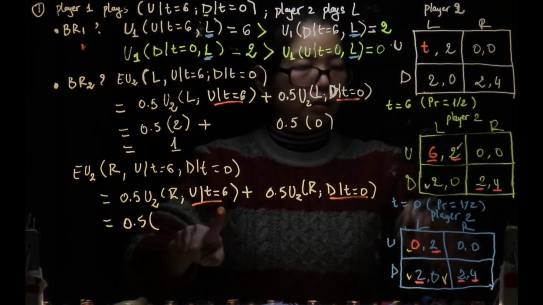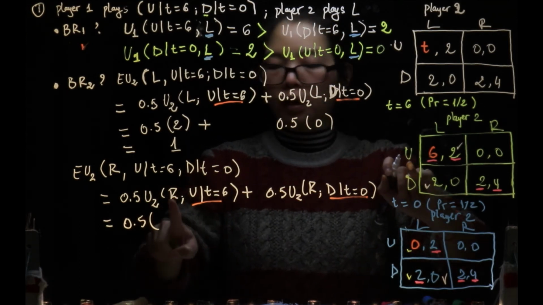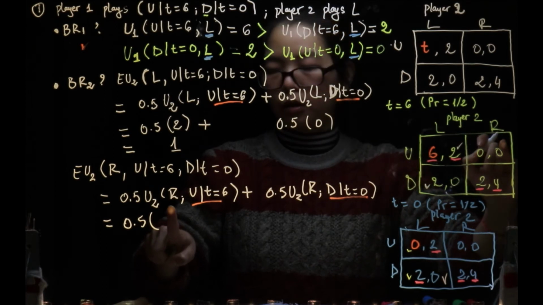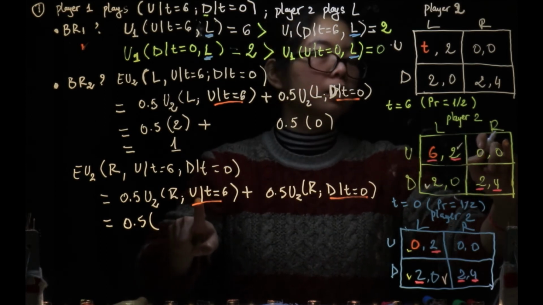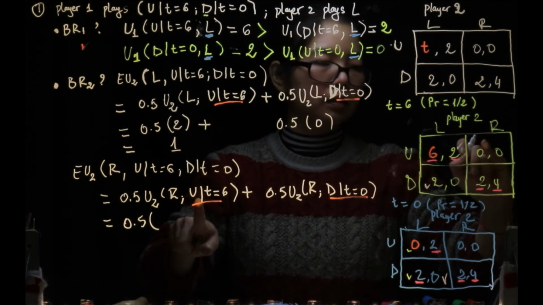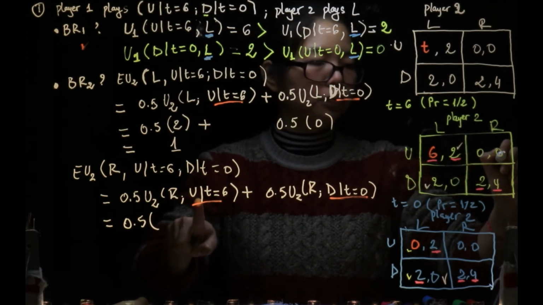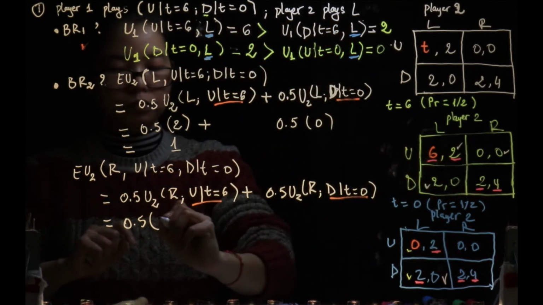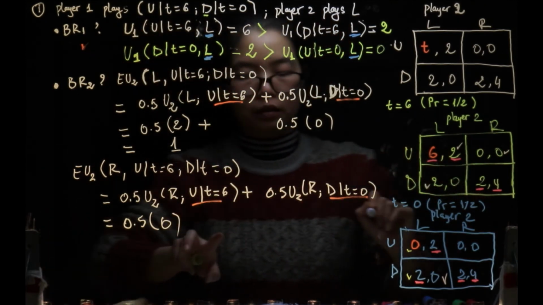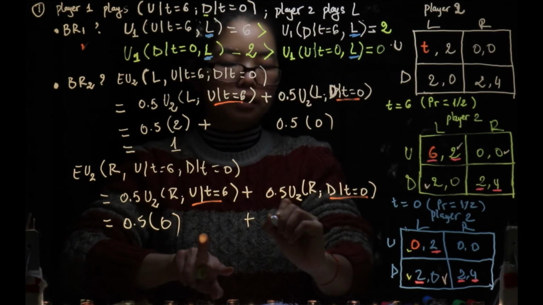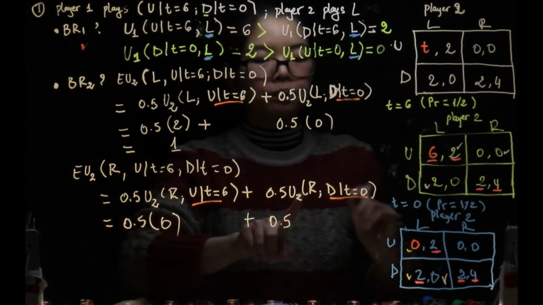t equal to 6, second table, right, second column, up, first row. So that's up, right, payoff of player 2, 0. I could write 0 there, plus the probability.